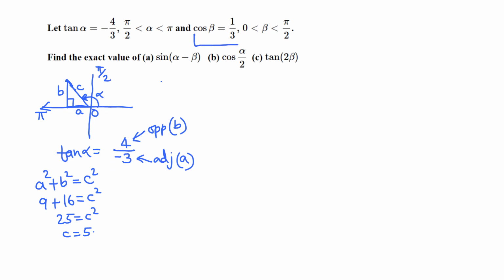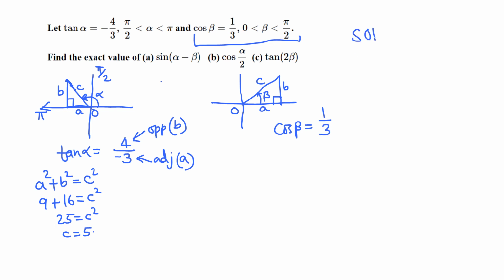Now let's do the second one. Here beta is in the first quadrant, bigger than 0, less than pi over 2, so we don't even have to draw the axis. Just here, beta is in the first quadrant, adjacent, opposite, again hypotenuse, and cosine beta is 1 over 3.